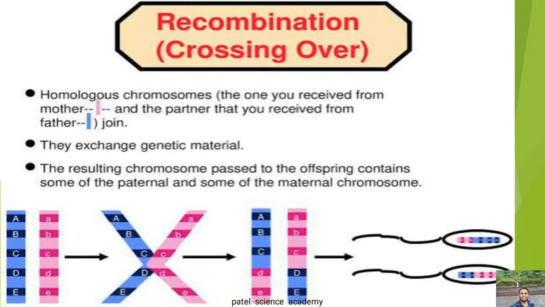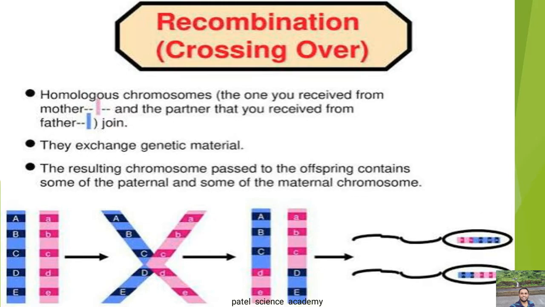So dear students, crossing over is actually a process that produces new combinations. That's why it is called recombination, because it is the process which produces a new combination by mixing from both parents for the next generation. Crossing over is a process that produces recombination of the genes by interchanging and exchanging corresponding segments between the non-sister chromatids of the homologous chromosomes.